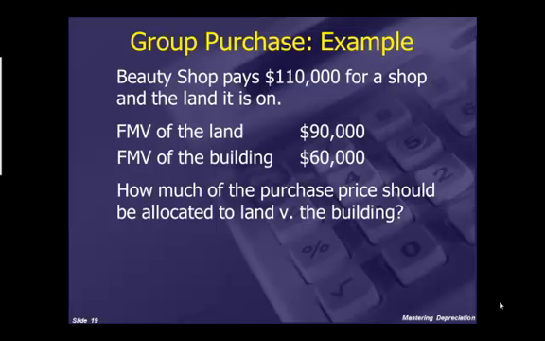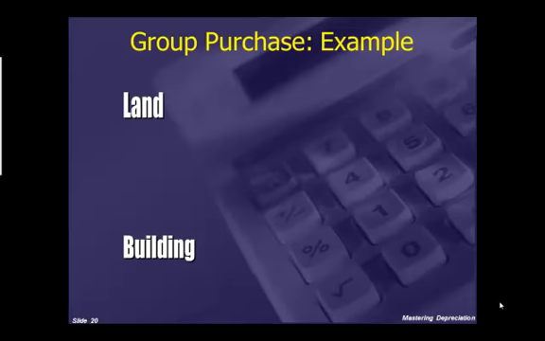The fair market value of the land is $90,000. The fair market value of the building is $60,000. If we add those two together, that is $150,000. Well, the beauty shop paid $110,000. So they got a better price as a total amount. So they're saving $40,000. So how much of the purchase price should be allocated to the land versus the building?